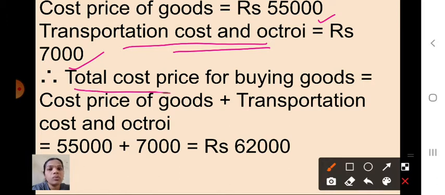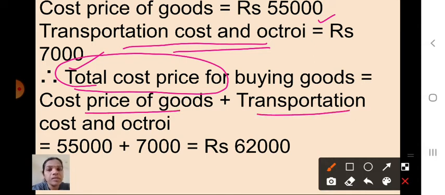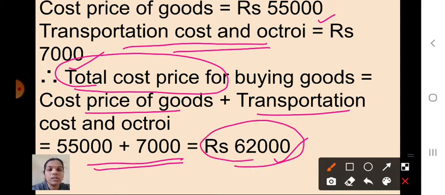So the total cost price for buying goods is equal to cost price plus transportation charge. That means 55,000 plus 7,000 is equal to 62,000. Understood, children?